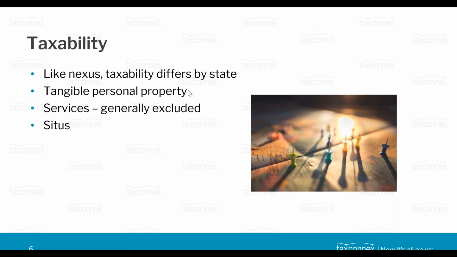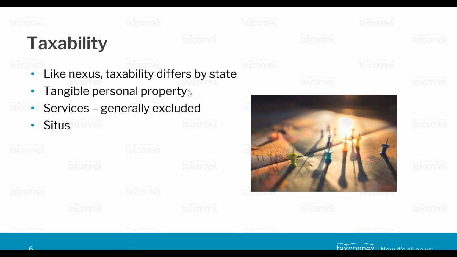Generally, when we're dealing with tangible personal property, it's the ship-to address. That's primarily when we're talking about interstate transactions. Sometimes on an intrastate transaction, depending on the state, even though it's shipped to another county or another city or another local jurisdiction within that same state, the local tax still reverts back to the vendor's location. Some states are that way.